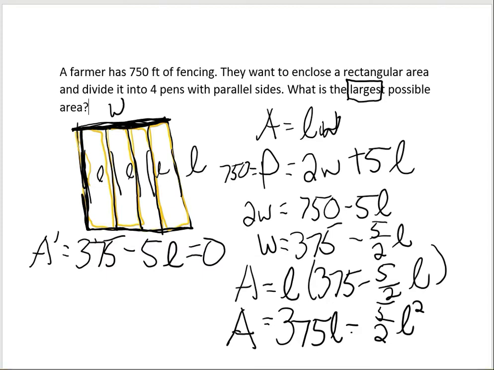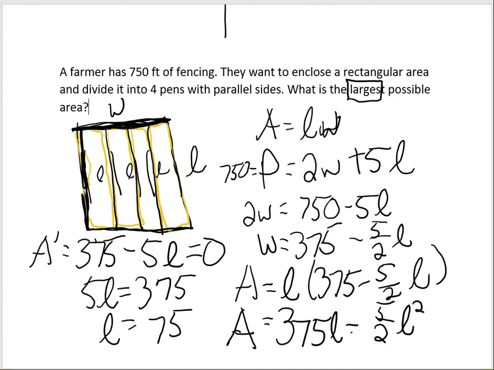What do we get? We get L equals, well, you add 5L over, 5L equals 375, so L is 75. Okay, so we still have to check, is that our maximum value? So you have 75, you could plug in, let's say, 1 is less than 75 and 100 is greater.